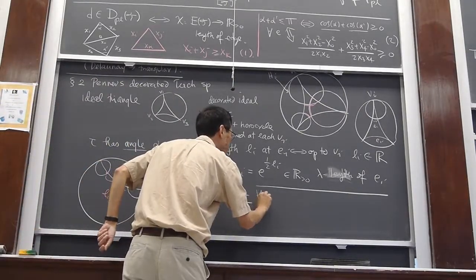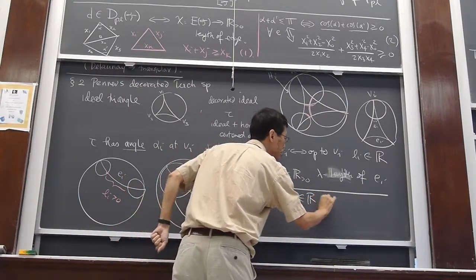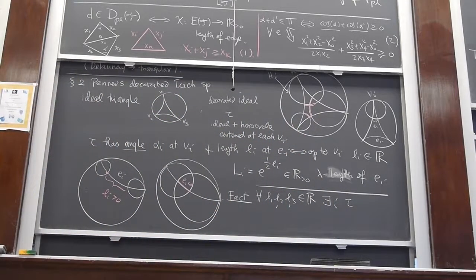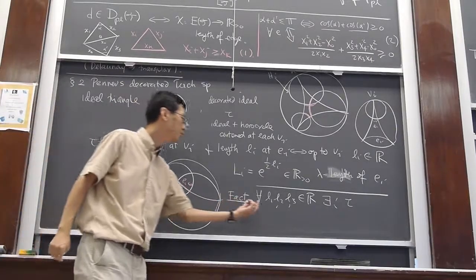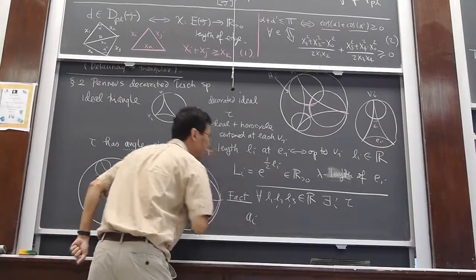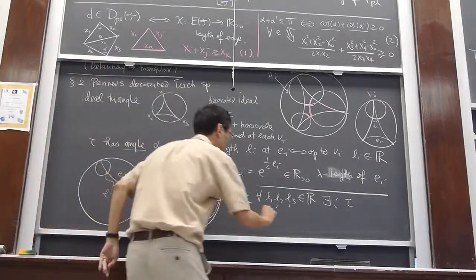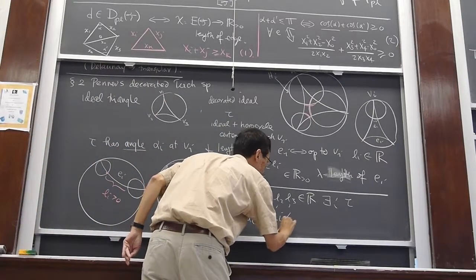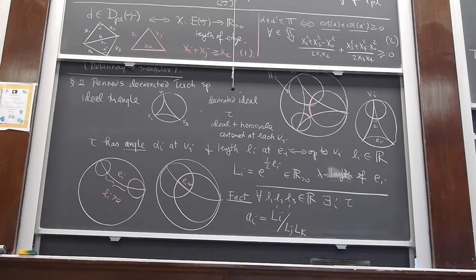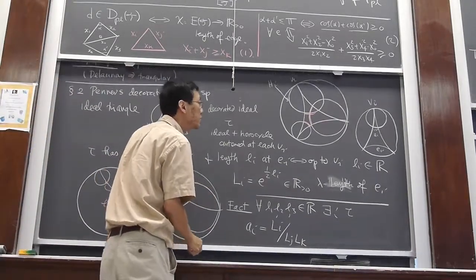The first fact is, for any l_1, l_2, l_3, any three real numbers, there exists a unique decorated ideal triangle whose edge lengths are l_1, l_2, l_3. Also you can express the angle in terms of the length. I call this the cosine law. In terms of the lambda length it is pretty nice: l_i divided by l_j times l_k. That's a quick review of the decorated theory.